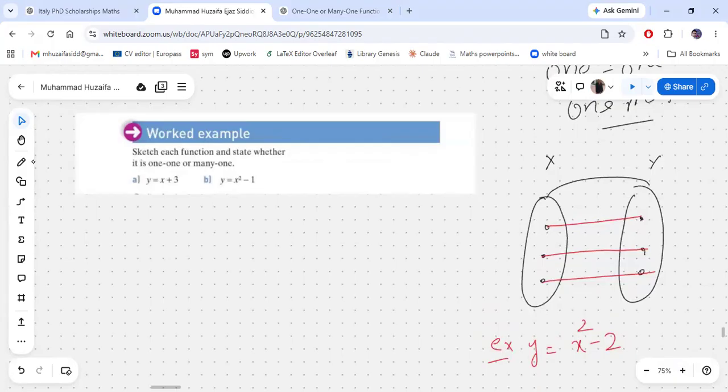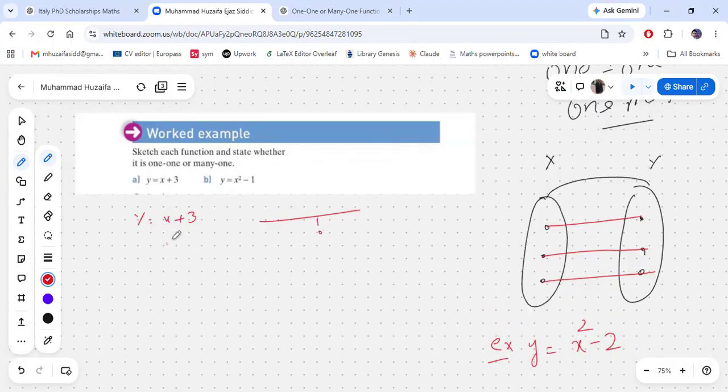Look at here. Sketch the functions and state whether it is one-to-one or many-to-one. So sure, I'll do it. This is the function y = x + 3. If we are working on the real line, this is the 0.